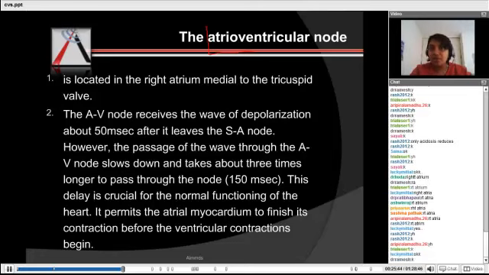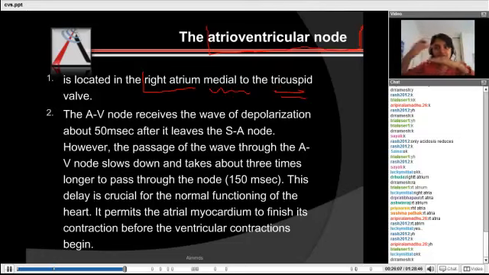Next we have the AV node. The AV node is located in the right atrium medial to the tricuspid valve. Where was your SA node located? It was in the right atrium, but on the posterior side, just medial to the opening of the superior vena cava. Here this is just medial to the tricuspid valve.